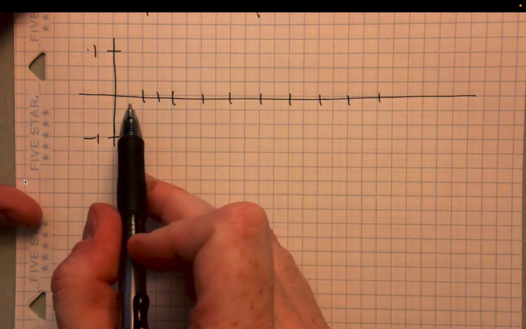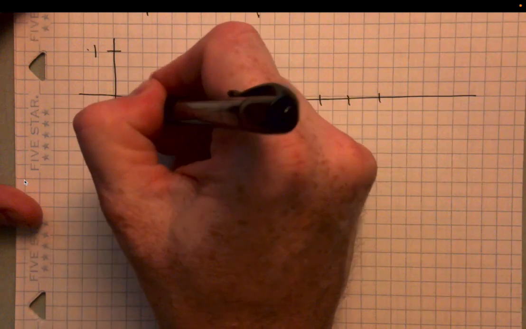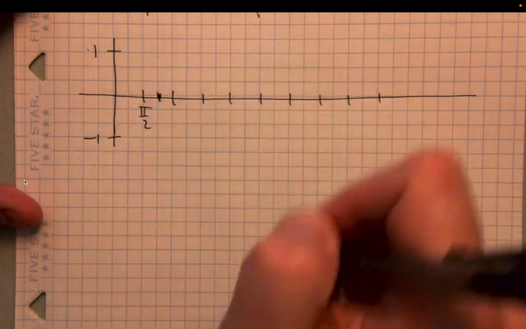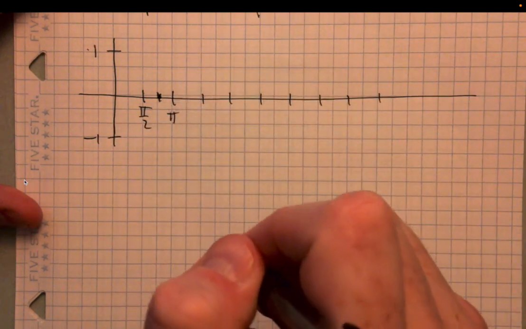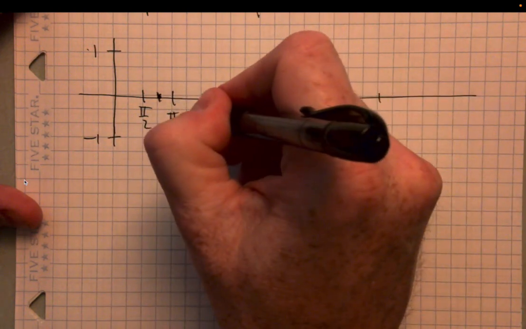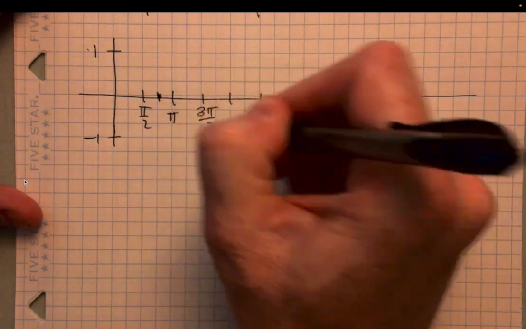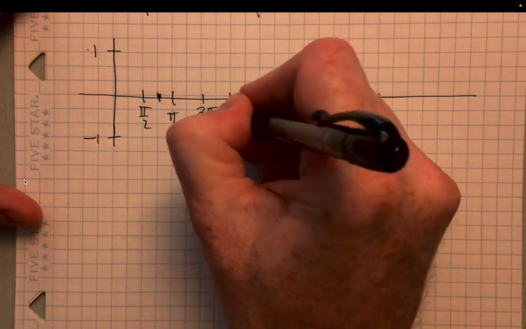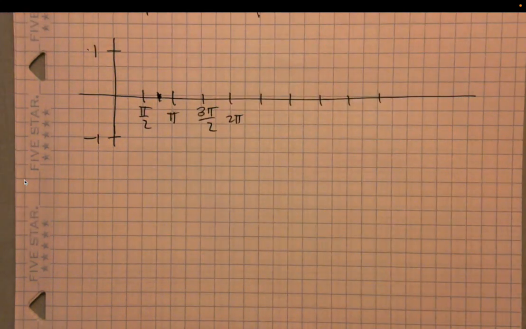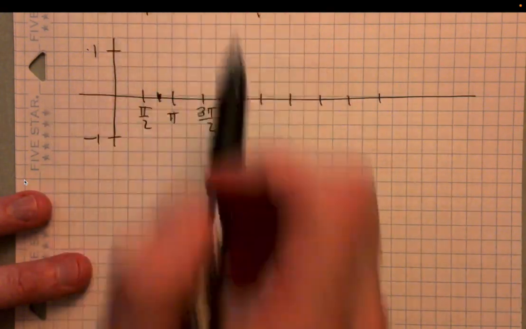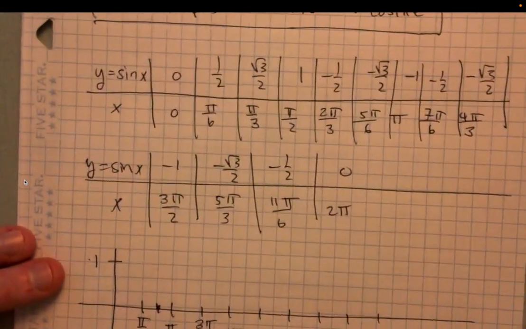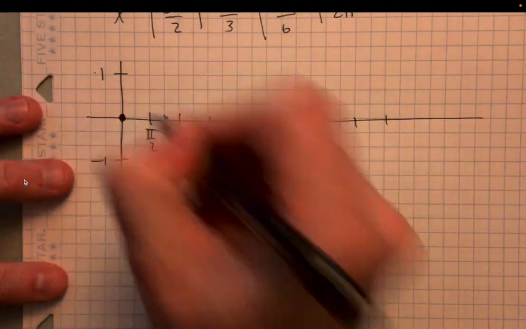We'll say this is pi over 2, and this is pi, and this is 3 pi over 2, and this is 2 pi. When x is equal to 0, and I'm just referencing the table that we drew up above, the sine function is equal to 0.